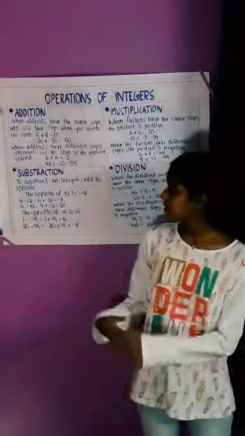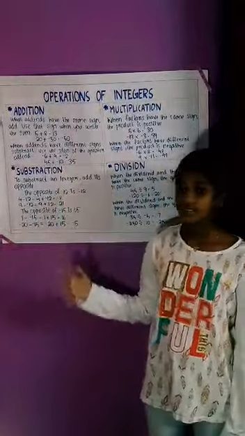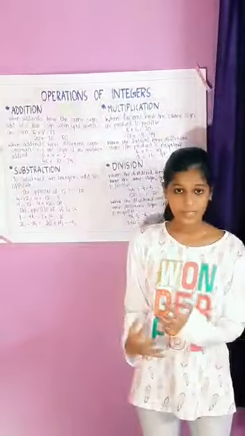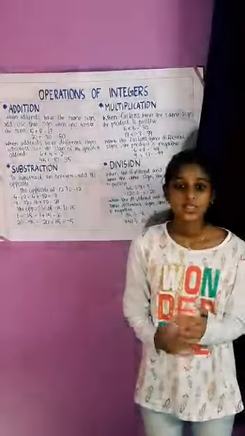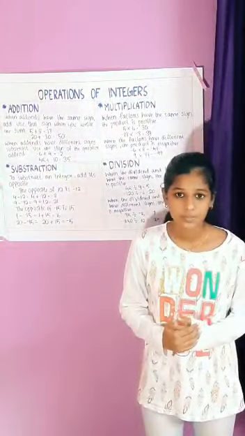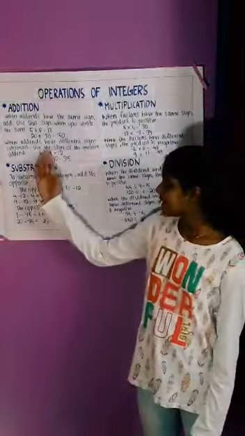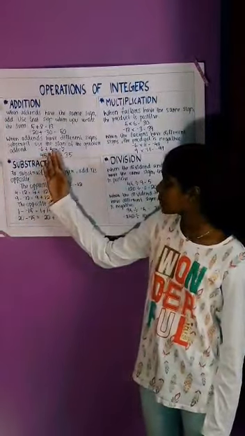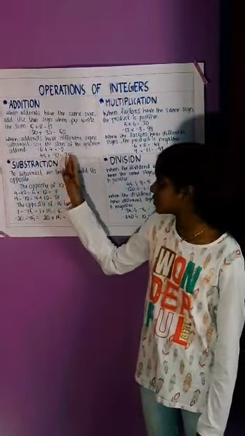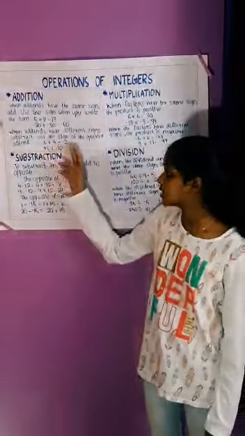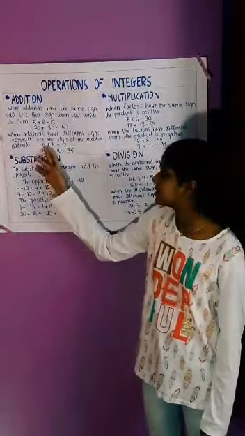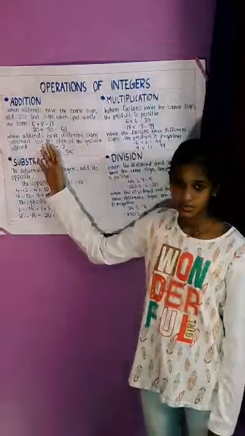In case the addends have different symbols, you should subtract them and use the sign of the greater integer. For example, -6 plus +4 is equal to -2. Here 4 is subtracted from 6, so we get 2, and we add the sign of the greater integer, which is 6.